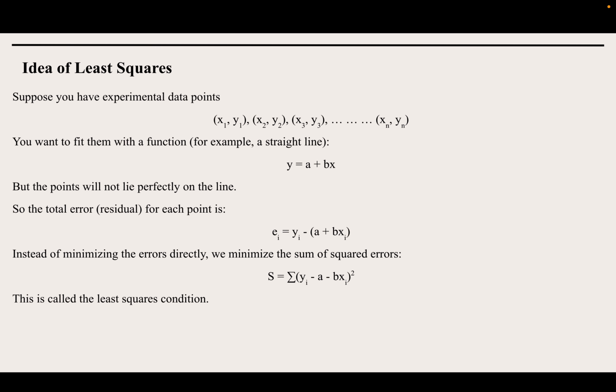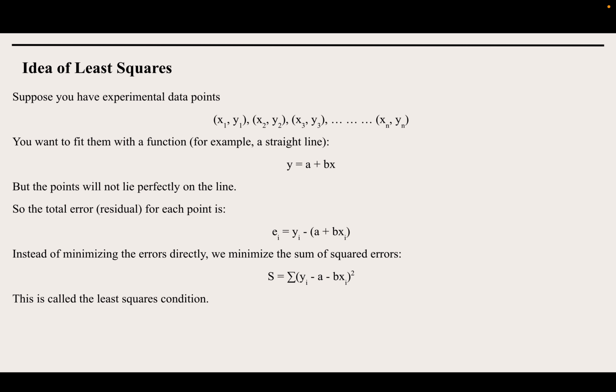But the points will not lie perfectly on the line, because a data set can have a large number of data points. It may or may not fit correctly to the straight line, so we have to find the error for each point.